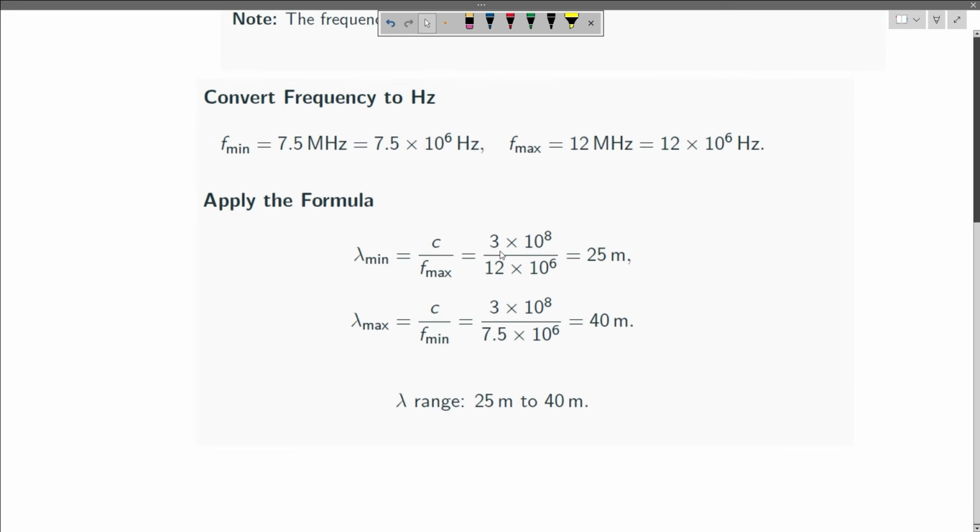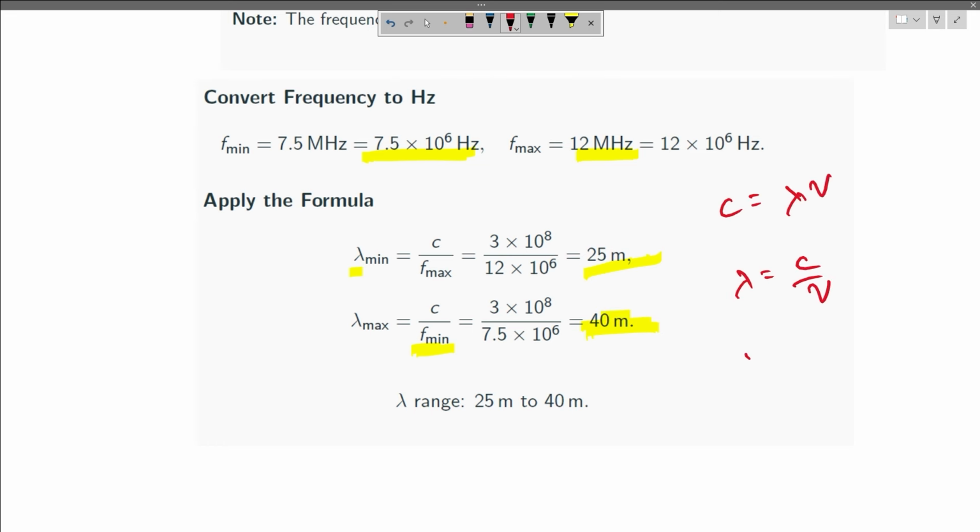So let's calculate. The highest frequency is 12 megahertz and the lowest frequency is 7.5 megahertz. So corresponding with the lowest frequency there will be the higher wavelength, that is for frequency maximum 12 megahertz the wavelength is going to be 25 meter, and for the lower frequency lambda is going to be maximum, that is 40 meter, because lambda equals c by nu and nu equals c by lambda.